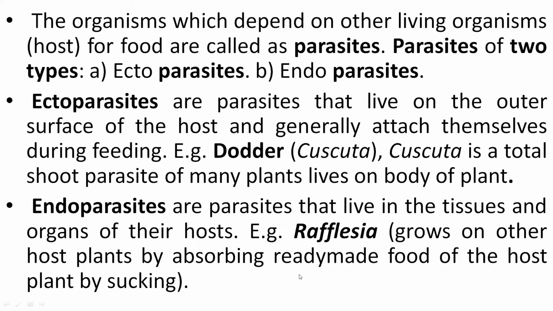Now see, it is growing on top of it, but it is an endoparasite as it is absorbing the ready-made food directly through sucking. A plant or a flower cannot grow inside another plant, right?